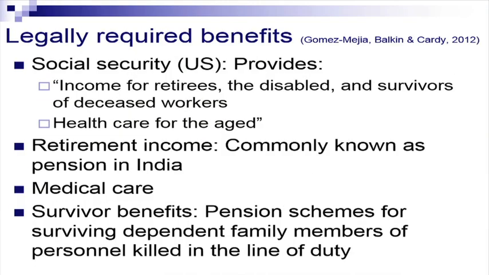Some of the legally required benefits include social security, as in the US. You have income for retirees, the disabled, and survivors of deceased workers, not diseased workers, and health care for the aged. So everybody who is working contributes a little bit towards social security, and it all adds up because every employee is contributing a little bit, and that is collected by the government towards social security.